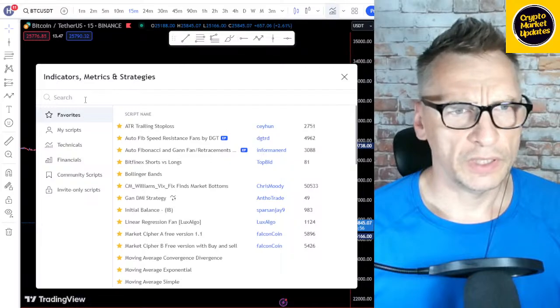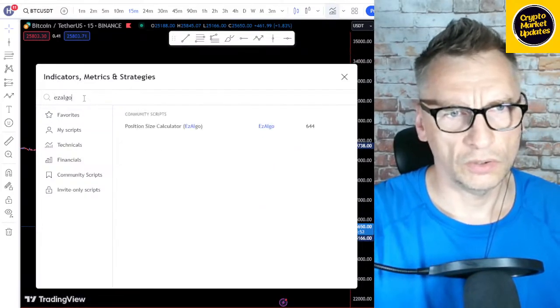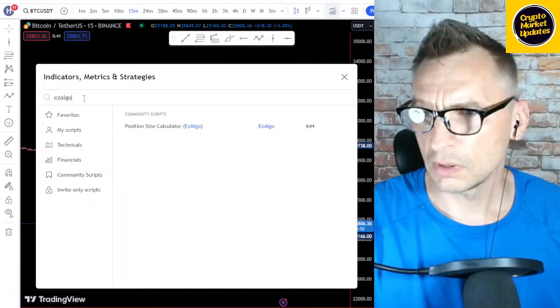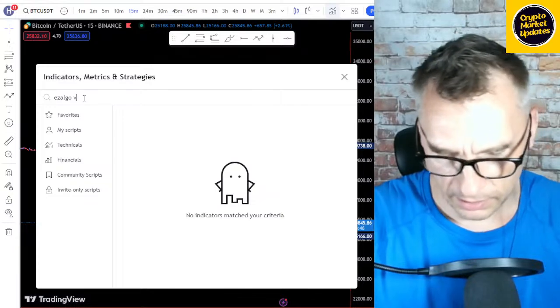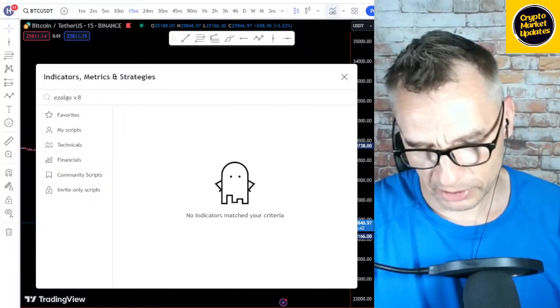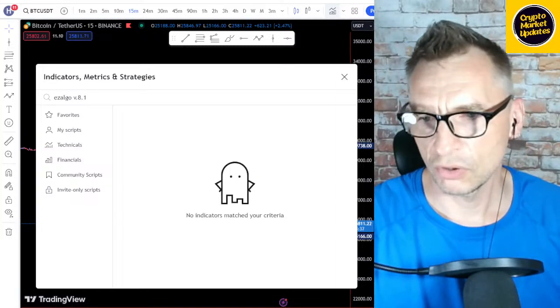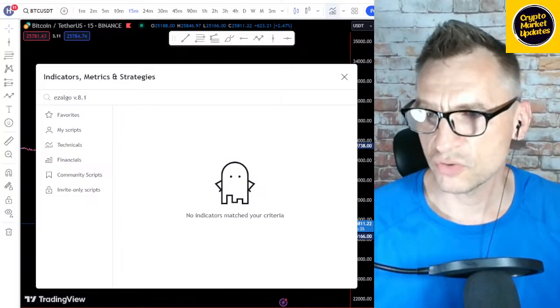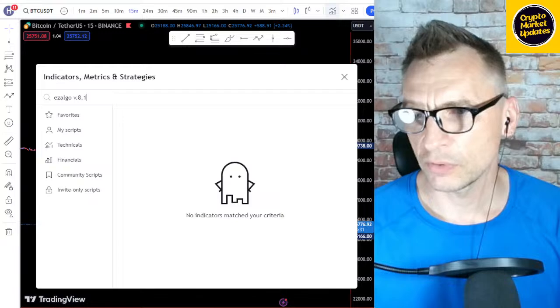Alrighty, Easy Algo V8. You can't install it. You know why you can't install it? Because it's a paid script. So you would have to go to Magic Indicator Strategies, most likely, and then get it from there.